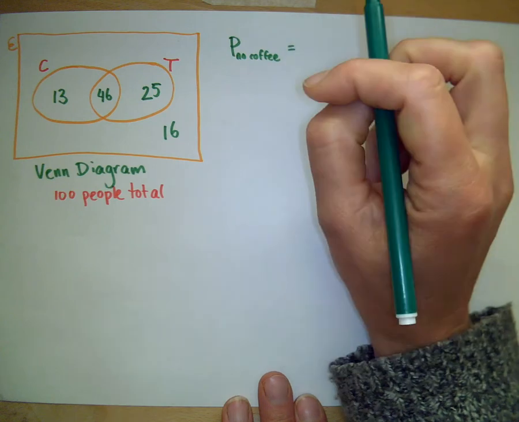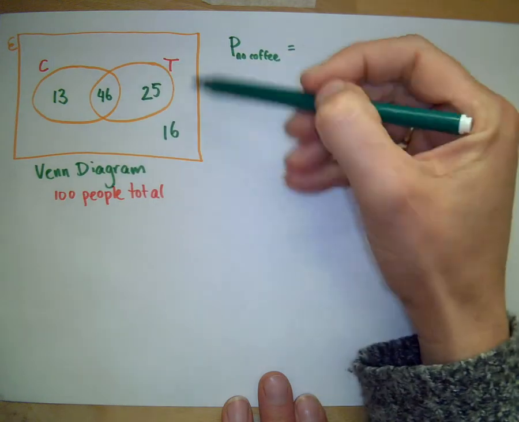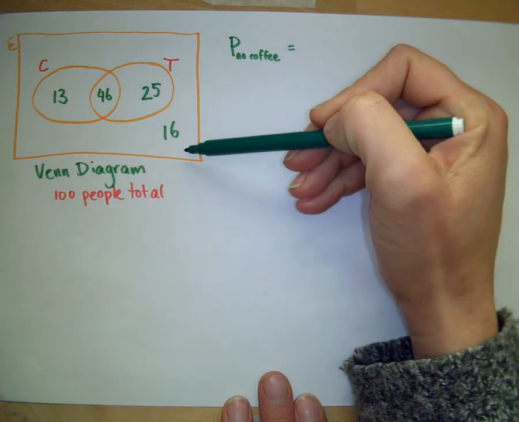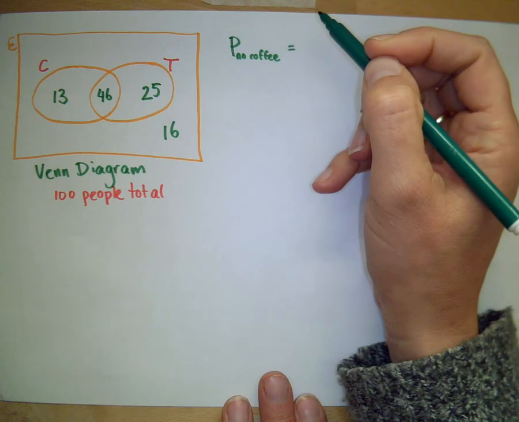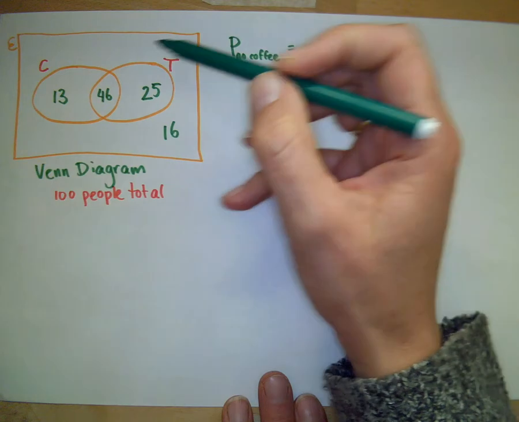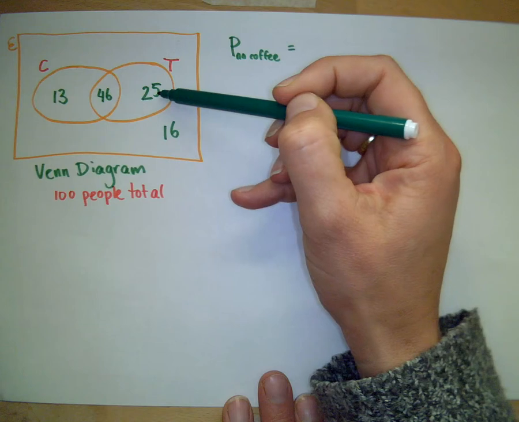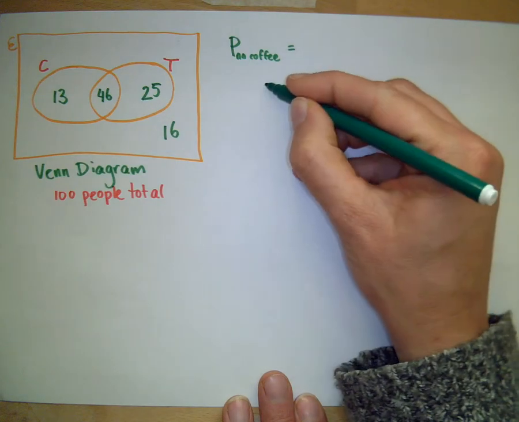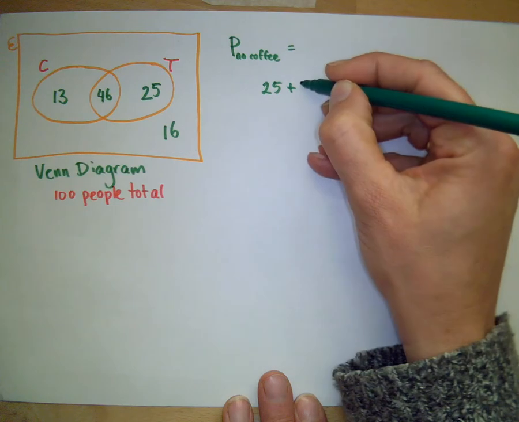Okay. We need to know how many people we're choosing out of, and we know that that's 100. So the total is 100. The number of people that don't like coffee are just really anyone outside of this C circle, right? So these 25 and these 16 that don't like either.